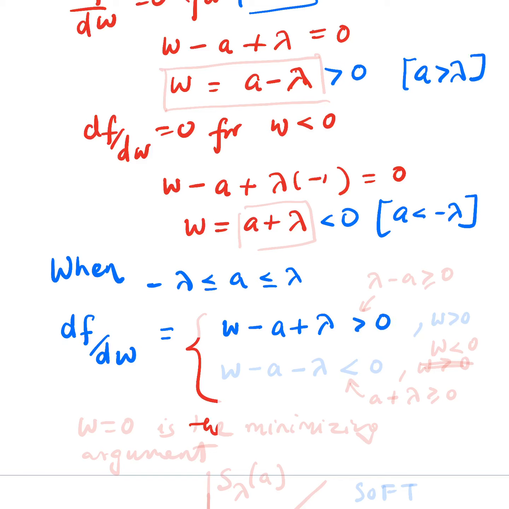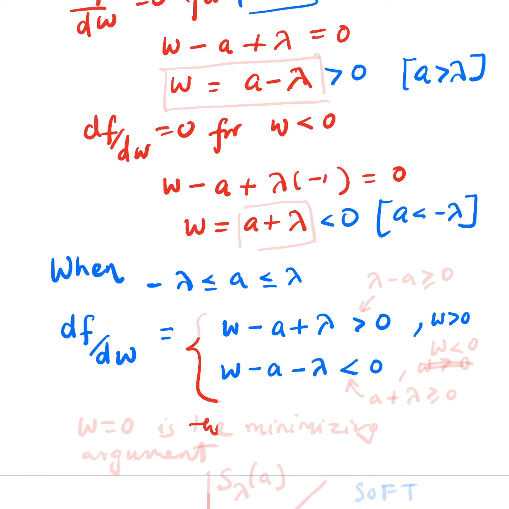Why? Because a is less than lambda, so minus a plus lambda is positive, and w is positive, right? So this is positive for w bigger than 0, and df by dw is w minus a minus lambda for w less than 0, and this is going to be less than 0.